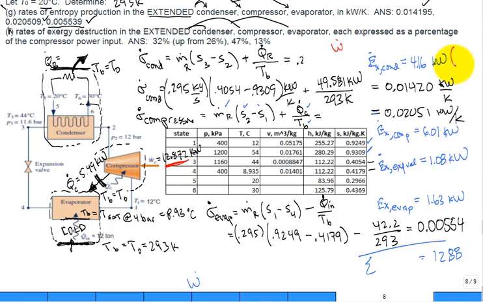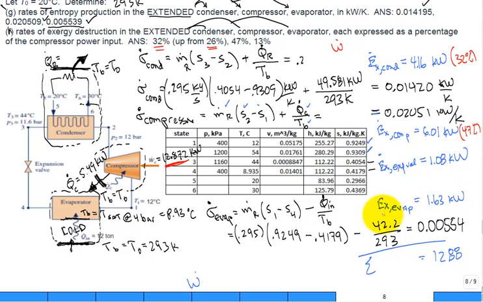So you can go and do the percentage for what is the rate of exergy destruction in that extended condenser, and that comes in at 32%. Previously it wasn't extended, it was just a tight control volume, and it was only 26%, but now it's 32%. And then for the compressor, it's 47%.